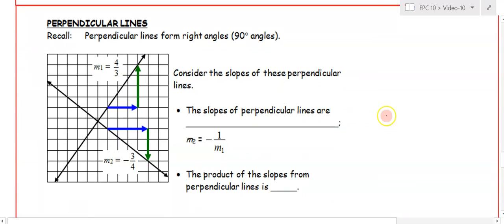When you have opposite reciprocals and you multiply them, you'll notice, 3 times negative 4, 4 times 3, you'll always get a product of negative 1. So whenever you multiply opposite reciprocals, you will always get a product of negative 1.